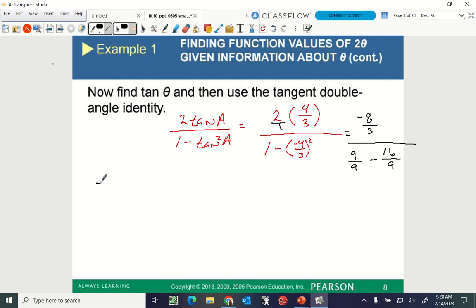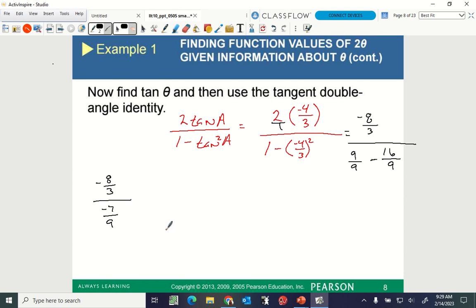So I have negative 8 over 3 divided by, let's do this, 9 minus 16 is going to give me negative 7 over 9. But wait, there's more. Do I have a fraction over fraction?